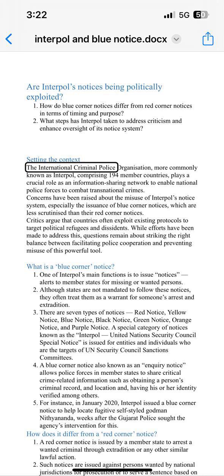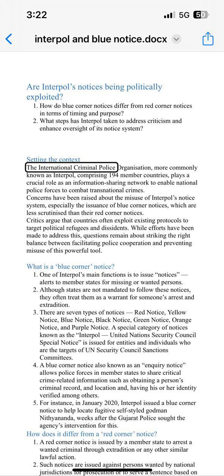The fourth color is black color notice. So black color notice is the one through which the affected country can seek the information on unidentified bodies. Now it is about the person who has already died. They do not know who it is, but the country feels that it belongs to their own.